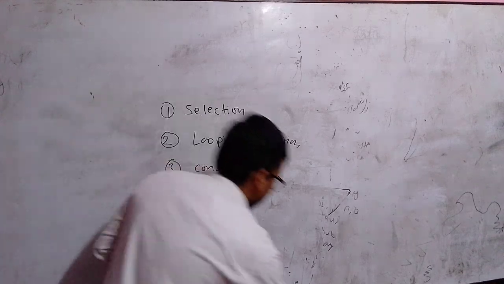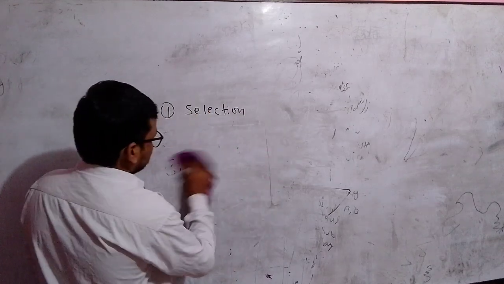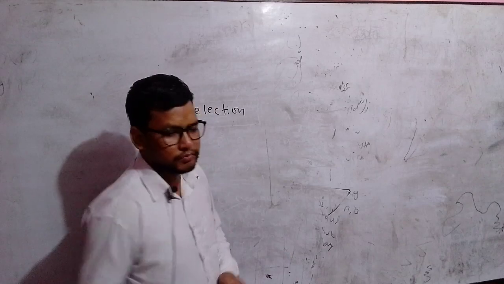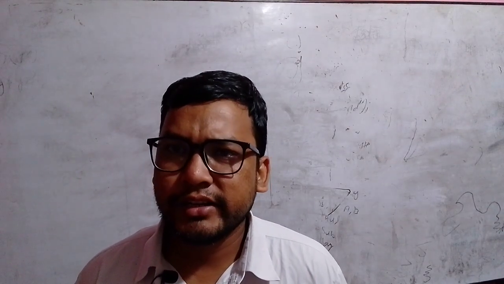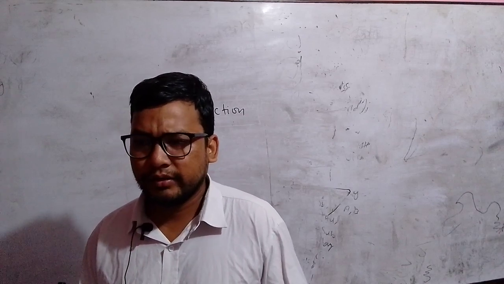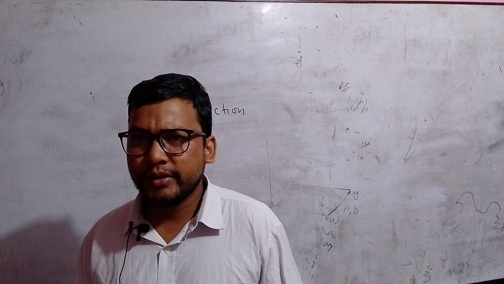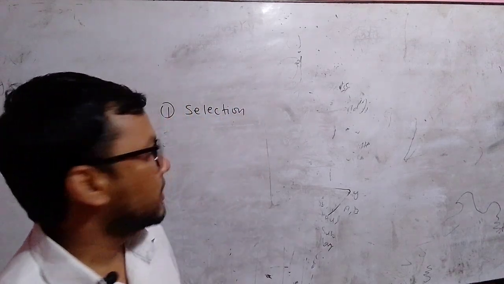Well, first of all we'll learn selection. What does selection mean? Selection means to select something from a number of choices or options. There are a number of options available, and we need to pick one. That is the real-time example of selection.